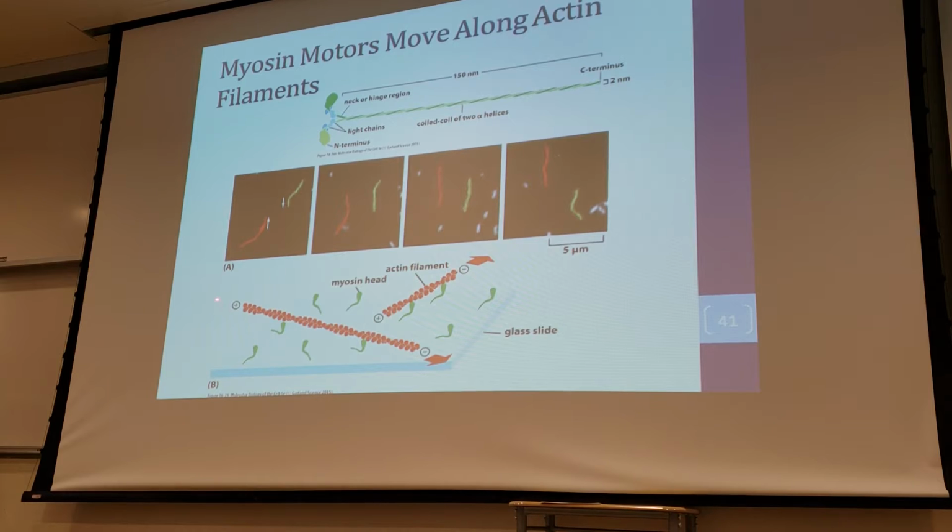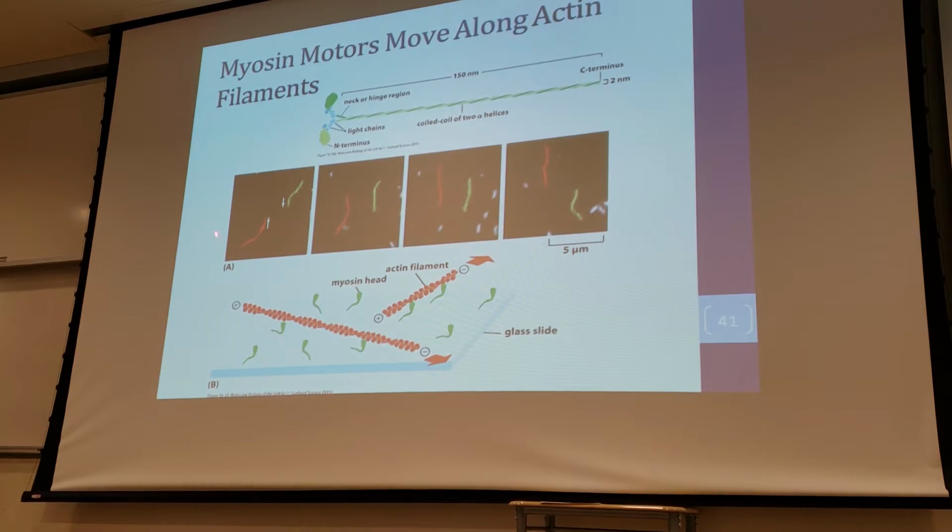And then they've fed it some actin microfilaments. And what you'll see is that those actin microfilaments are moving in the direction of their minus end as they hook up to the myosins that are stuck. Because the myosins are stuck in this case, they can't move, but they're still trying to crawl along the actin, and the actin, therefore, which is free to move, is moving along the glass slide.